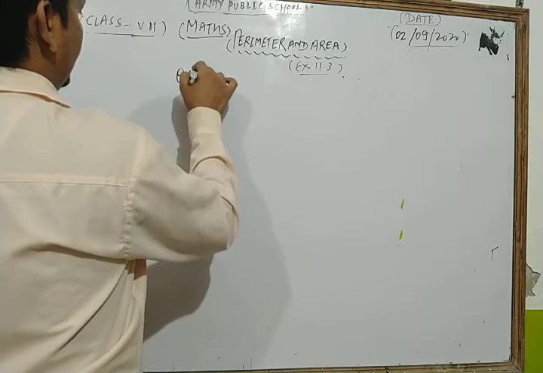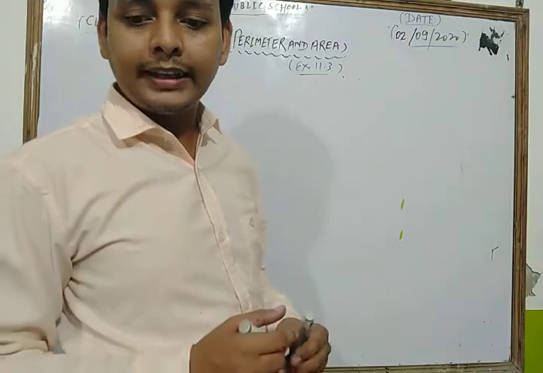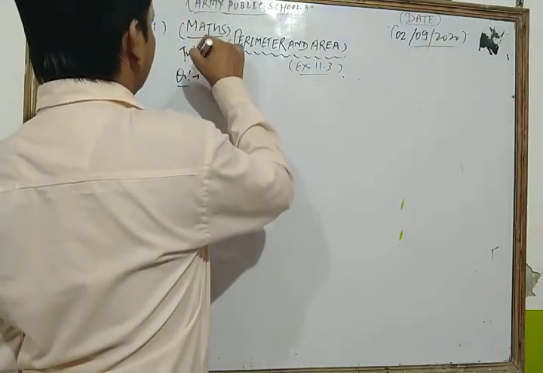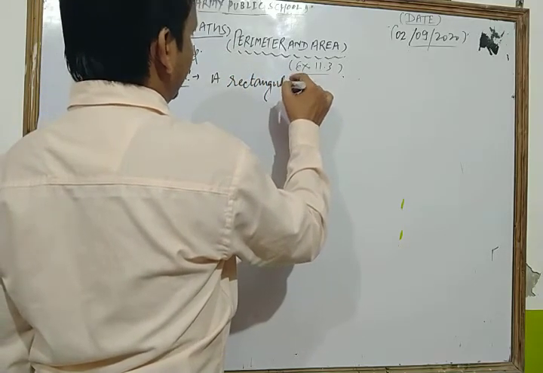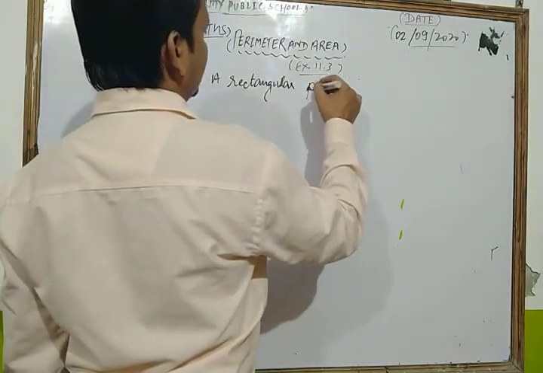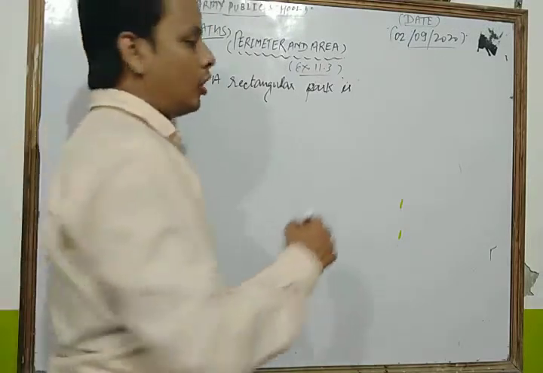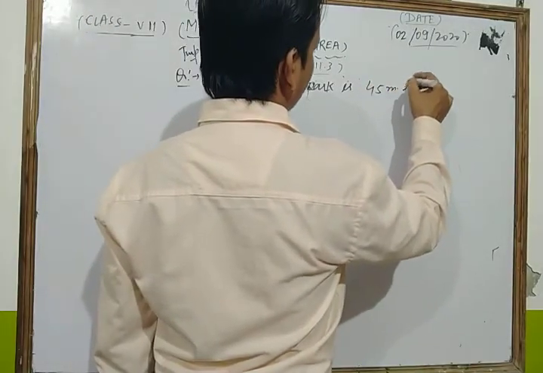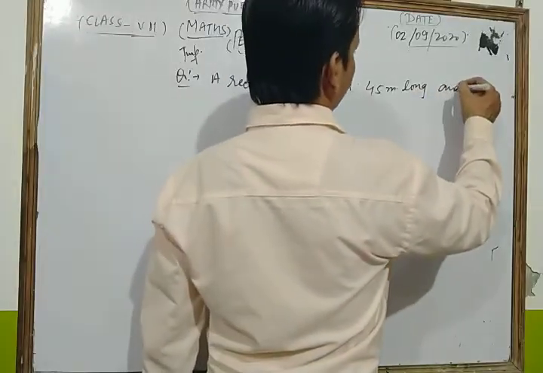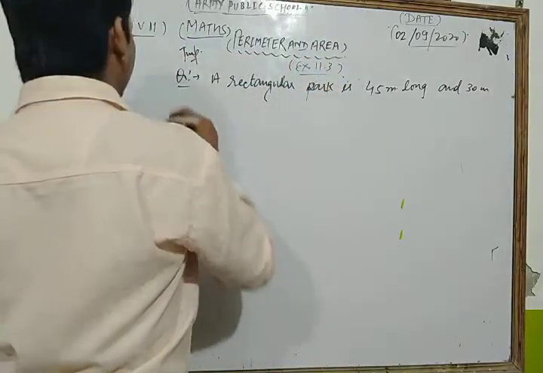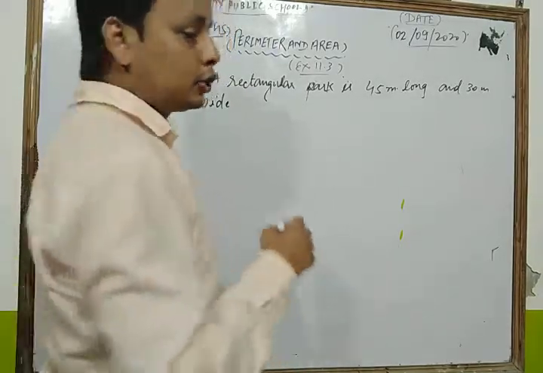Your question is, a rectangular park is 45 meter long and 30 meter wide.